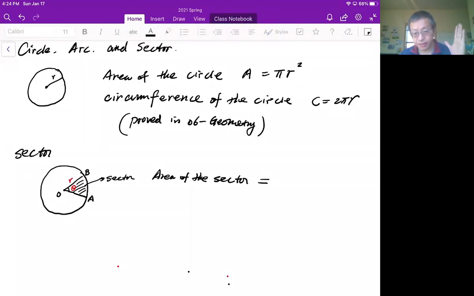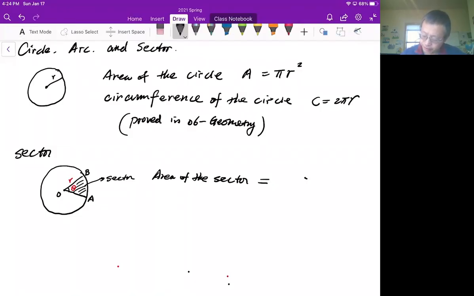The area of the sector is where, first of all, you have the area of the entire circle, which is pi r squared. But since it's not the entire circle, and the entire circle gives you 360 degrees, you need to divide by 360.